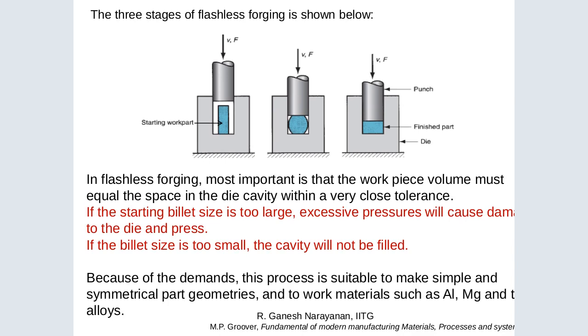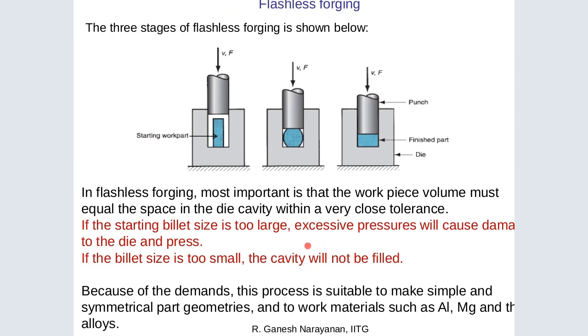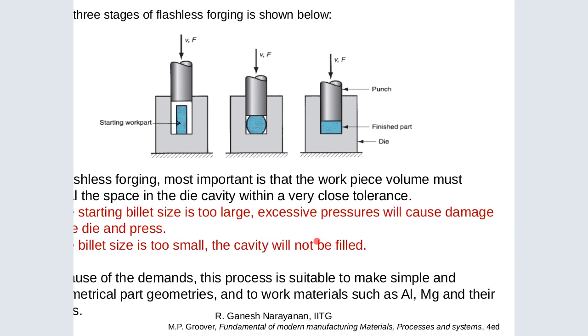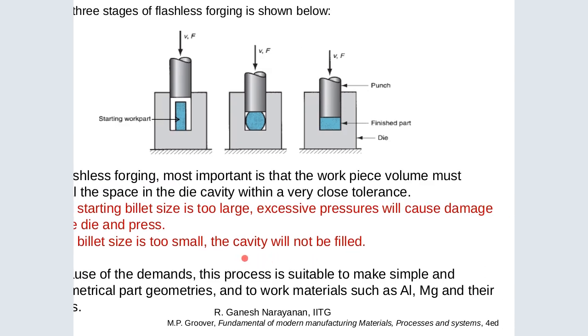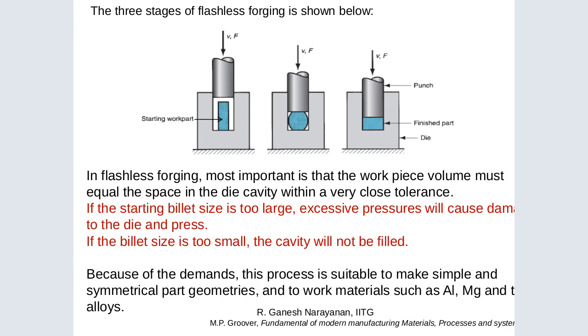Flashless forging. Now, when we don't have a flash, how does it look like? Now, 3 stages of flashless forging are shown below. In flashless forging, most important is that workpiece volume must equal the shape in the die cavity within very close tolerance. So if the starting billet size is too high, the excessive pressure will damage the die and the press.